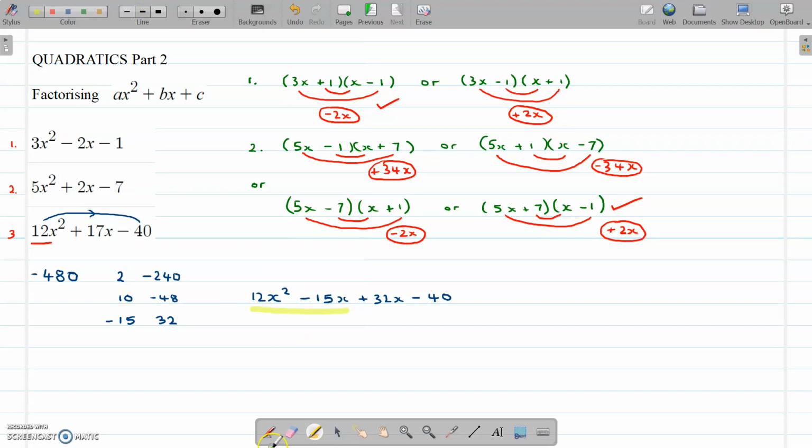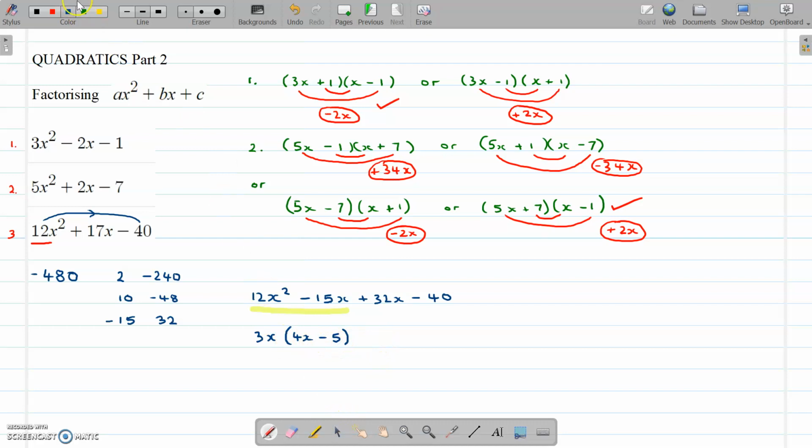The highest common factor of 12x squared and minus 15x is 3x. So I do 3x brackets 4x minus 5. So that first pair factorizes out into 3x times 4x minus 5.